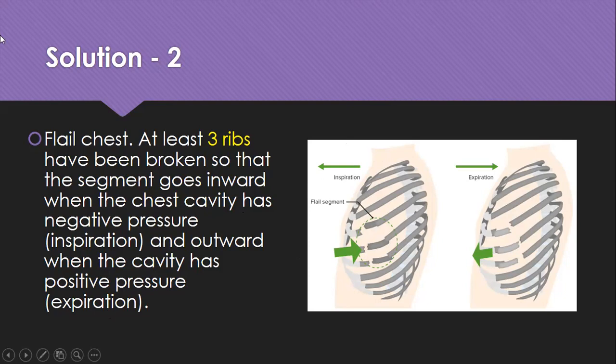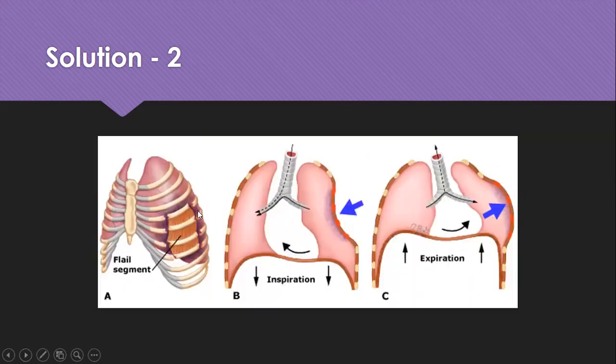And exactly the same thing applies for expiration. When the person expires, the negative pressure will be outside, positive pressure will be inside. So that means pressure will push the segment outside. So that is about flail chest. Now you can see the schematic or illustration diagram of flail chest, how the chest segment goes inside on inspiration and outside on expiration.